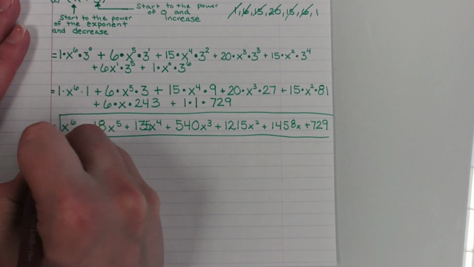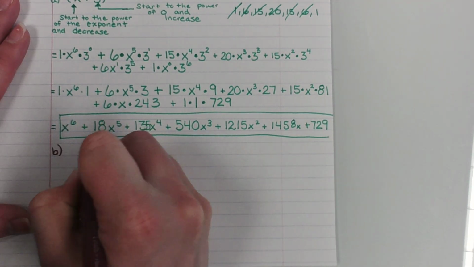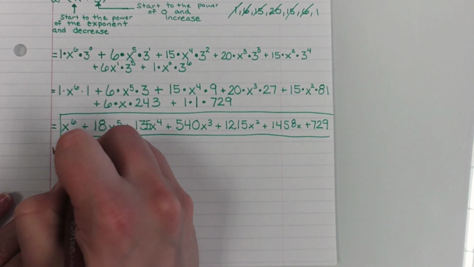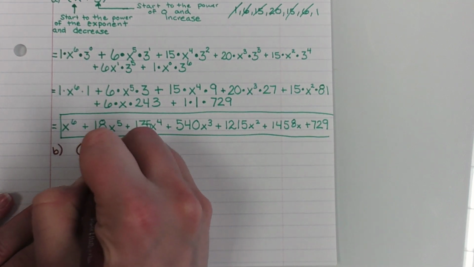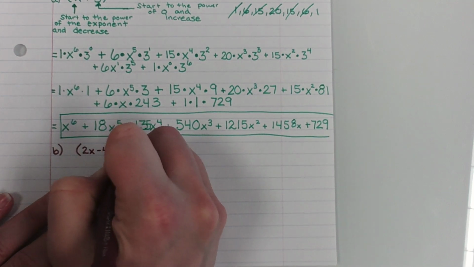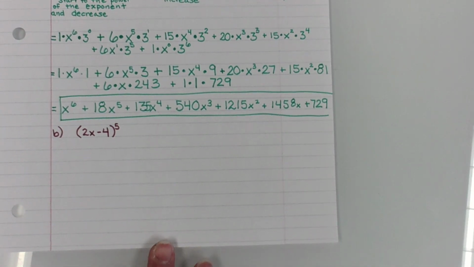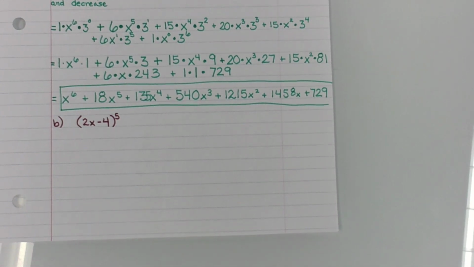Now, problems like the next one tend to cause some bigger issues. Two x minus 4 to the power of 5.